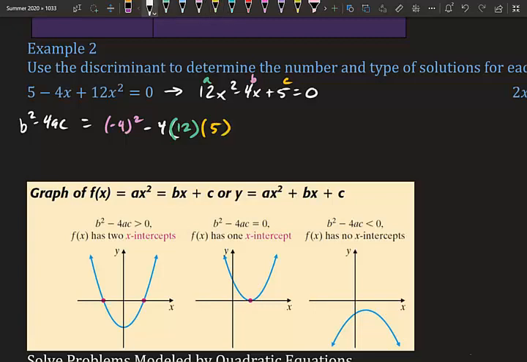And all we need to do is just simplify from here. Negative 4 squared is 16. Negative 4 times 12 times 5 is negative 240. And we simplify that to negative 224. See how it equals a negative number? That means there are two complex, not real solutions.